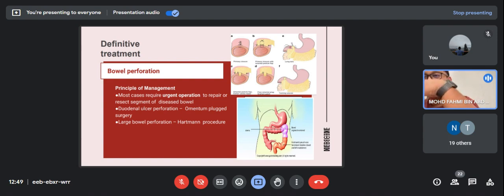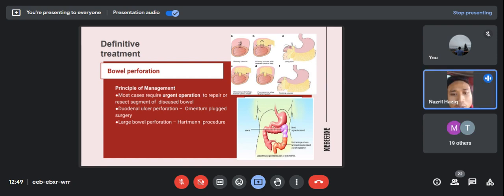Large bowel perforation, Hartmann procedure. Commonly done. Hartmann procedure ni apa? What type of procedure? We remove the diseased part of the colon. Okay, selalunya kat area sigmoid lah. Diseased part, so?